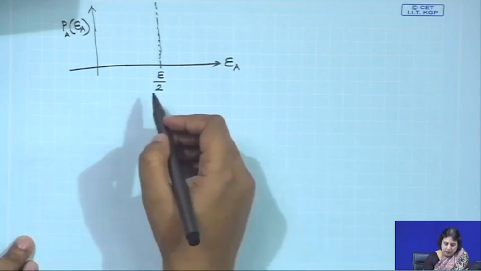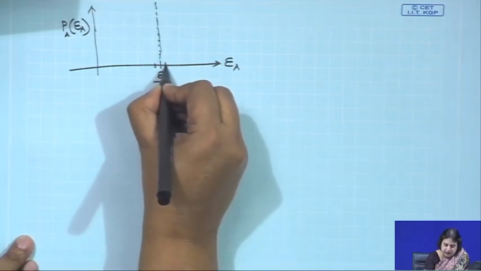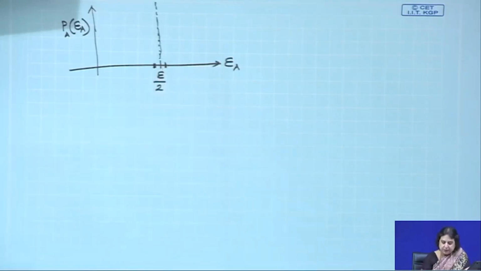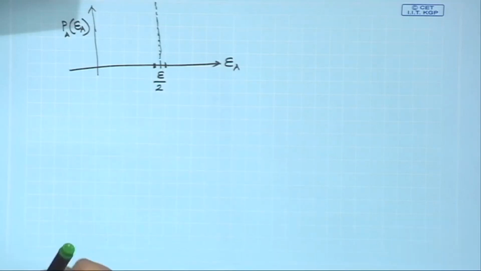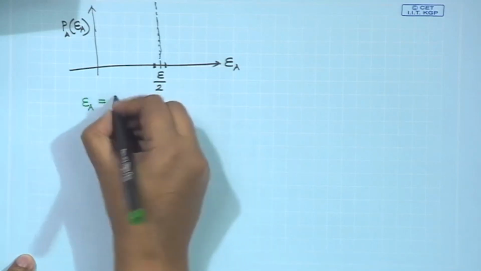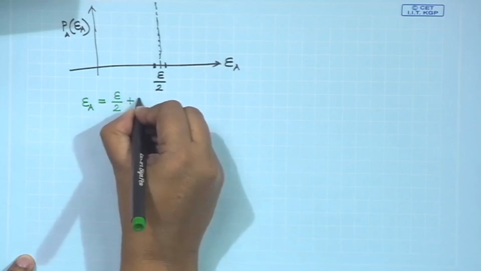Now, I am trying to look at energies which are fairly close to this maximum energy value epsilon by 2. Now, let me say that I have a situation where epsilon A is equal to epsilon by 2 plus x.